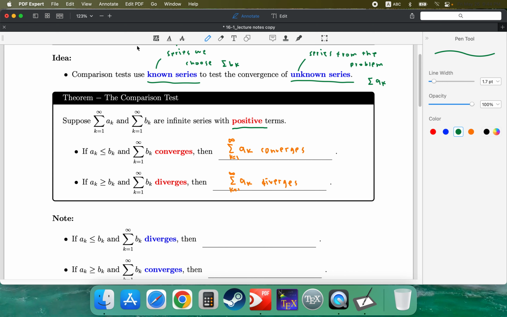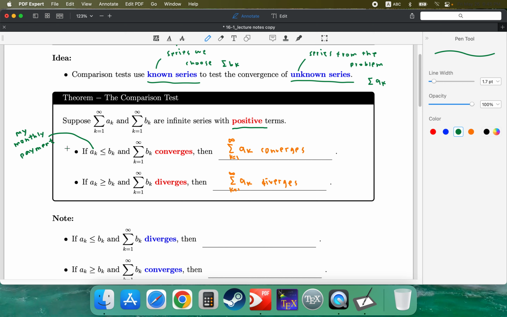So we have an unknown series and a known series. Because we let summation of AK be unknown, let's say this AK is my monthly payment, how much I get from my work every month.